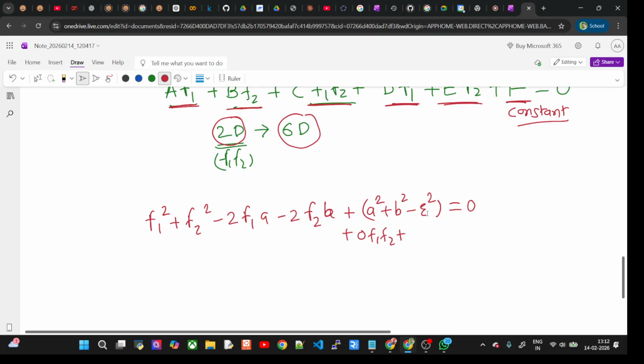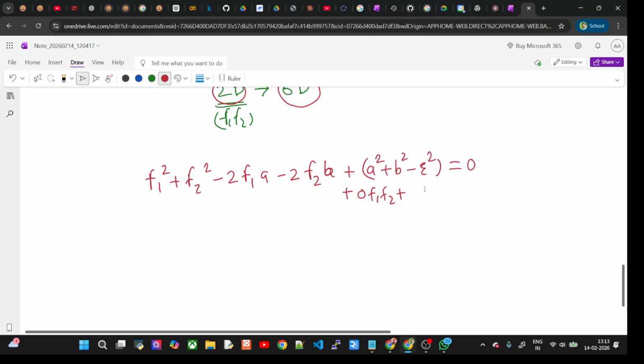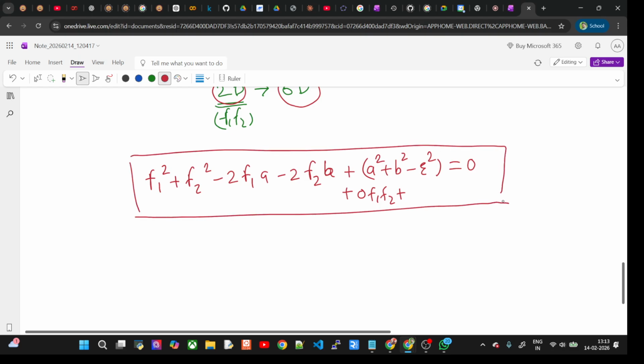So whatever we have now written is called a feature map. Because I simply converted f1 and f2 and their non-linear relationship, since it's circular, that's why I used the circle equation: f1 minus a whole square plus f2 minus b whole square equals r square.